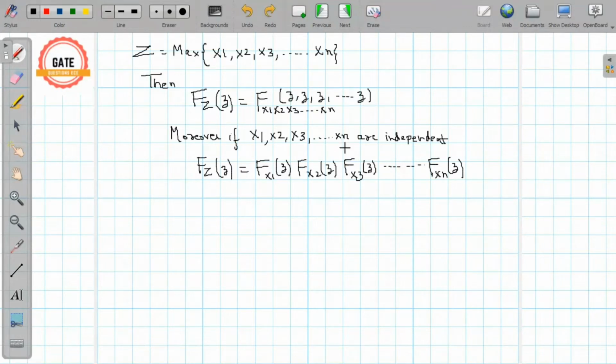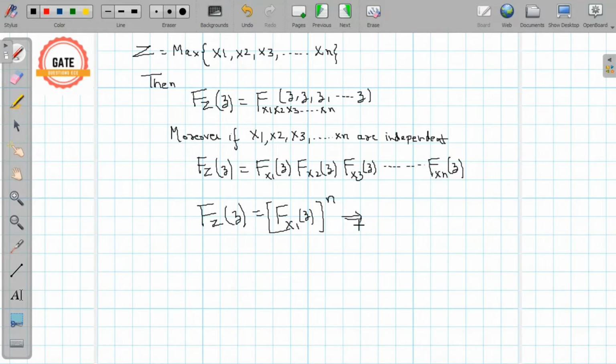Moreover, if these n random variables are identically distributed, that is, independent and identically distributed, then the CDF of z in that case will be equal to F of x1 of z raised to power n.